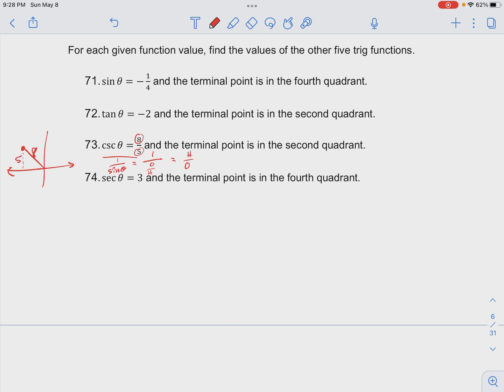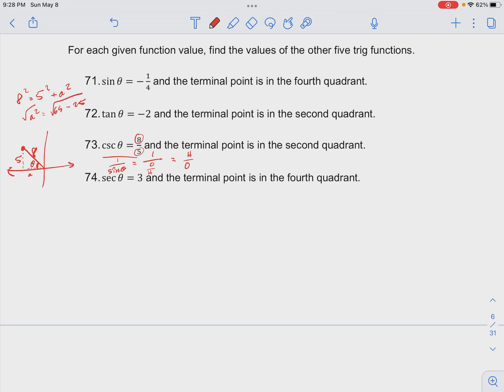So finding this adjacent side, if this is our angle theta, our adjacent side, so A, we'll say can be found by Pythagorean theorem. So that's 8 squared is equal to 5 squared plus A squared. Then A squared is equal to 64, which is 8 squared, minus 25, which is 5 squared.